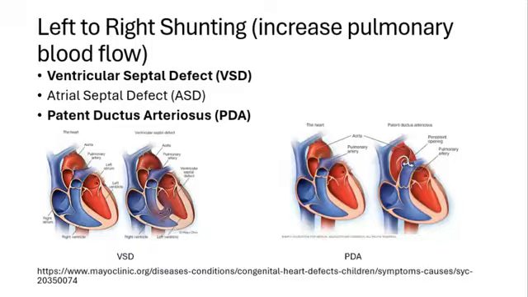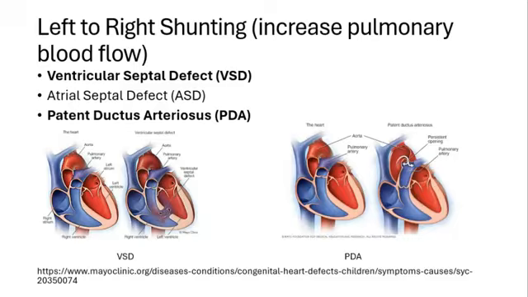The second need-to-know defect for increased pulmonary blood flow or left to right shunting is patent ductus arteriosus. If you remember, the ductus arteriosus is a temporary blood vessel in a fetus that connects the pulmonary artery to the aorta, and it basically allows blood to bypass undeveloped non-functional lungs, and that way the blood can flow directly to the body.